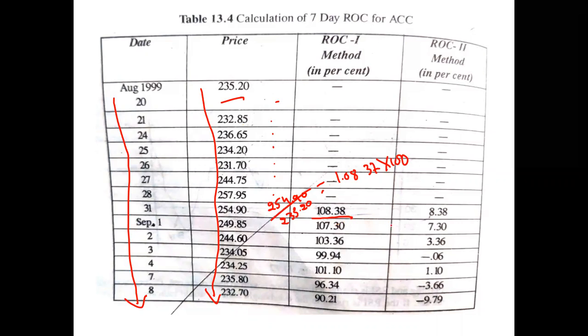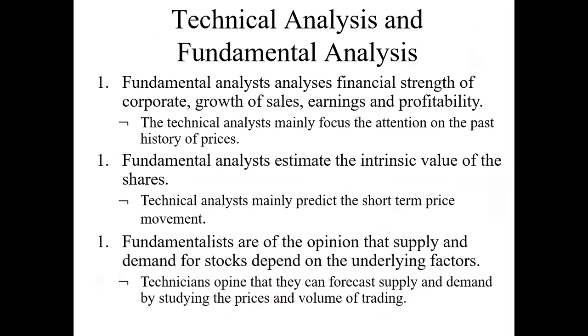Now in the second, ROC2 method, if you subtract 100 from the available value, we get 8.38. Again we go on calculating for the next ones, here, here, and here. This again is the calculation of ROC.